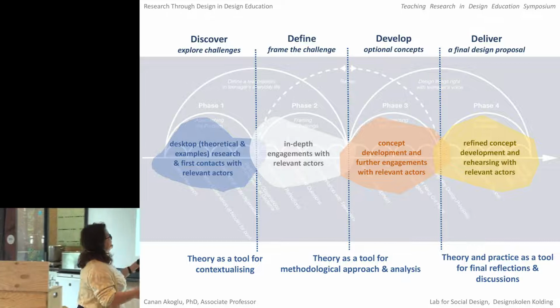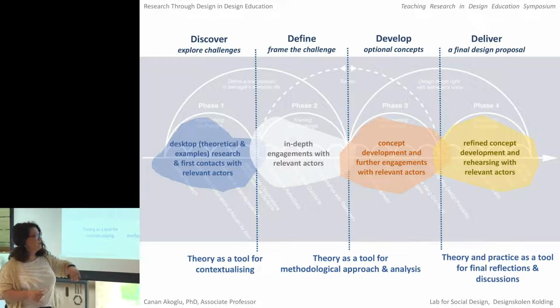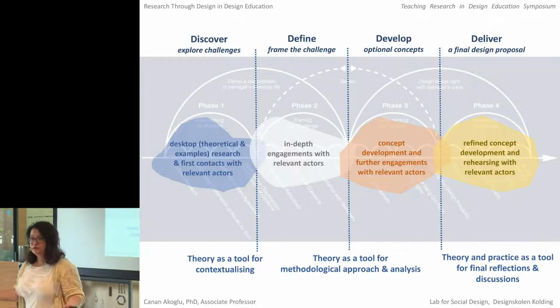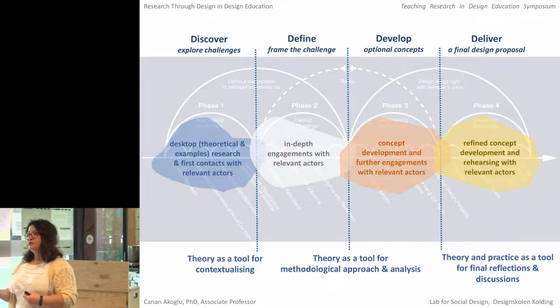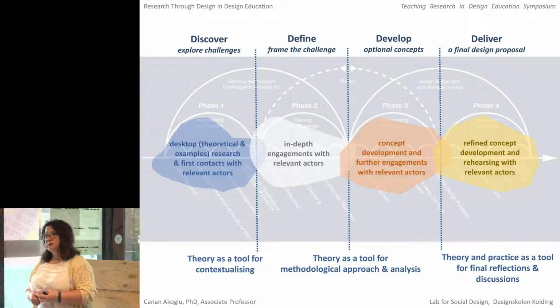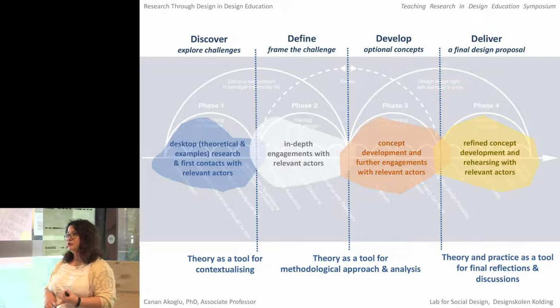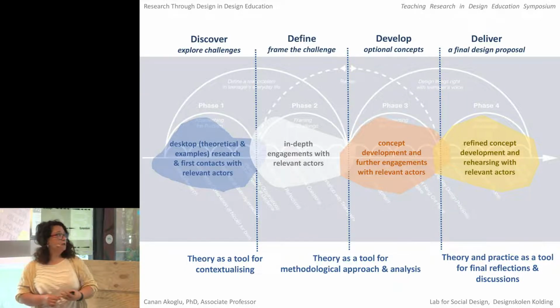And as you see here, theory could be used as a methodological tool for analyzing and for approaching or constructing the engagements that our students do with potential actors. It could be end users, it could be relevant stakeholders that are connected to the topic that they are working on.